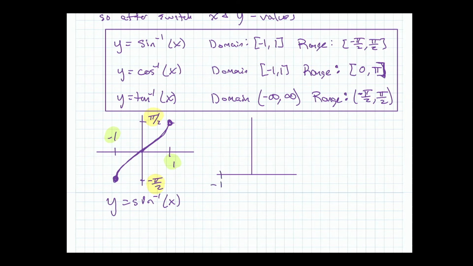We're going to have negative 1 to 1, and so cosine inverse of negative 1 is going to be pi. This is pi over 2, and then there. And it has kind of the same shape as the sine inverse. So that's y equals cosine inverse x.